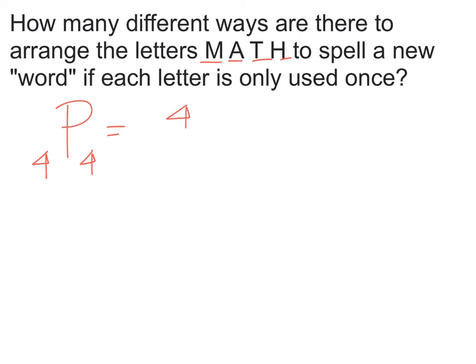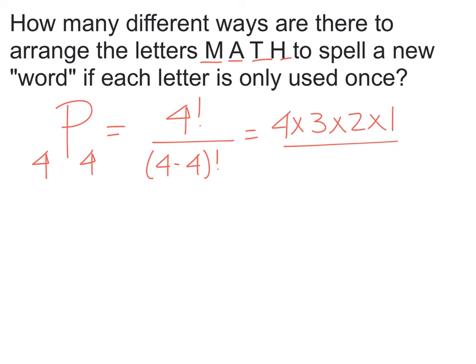So that's going to look like 4 factorial over 4 minus 4 factorial. So that's 4 times 3 times 2 times 1 all over 0 factorial, which is 1. So that's going to give me 24 different combinations.